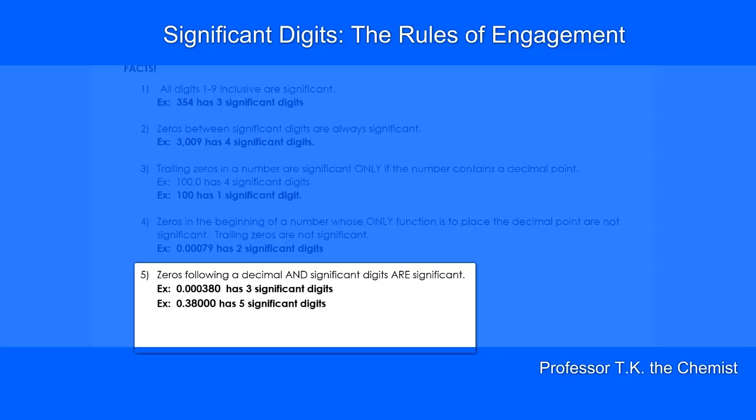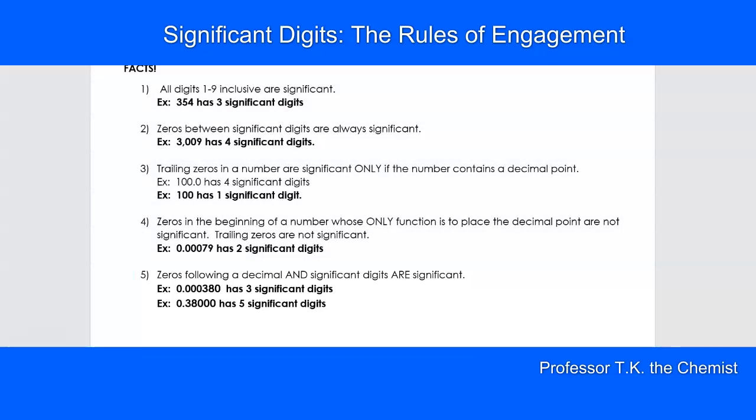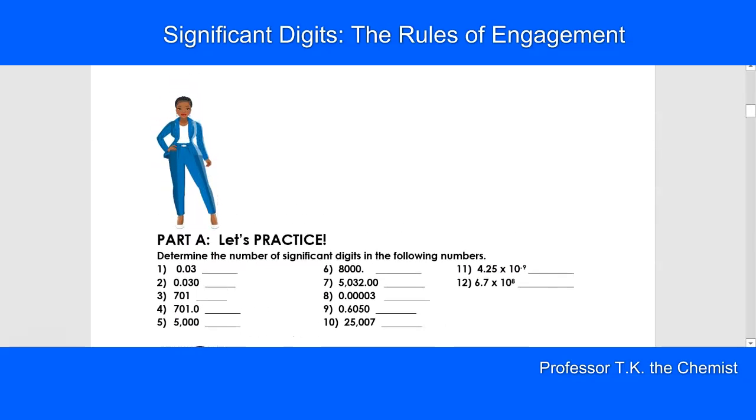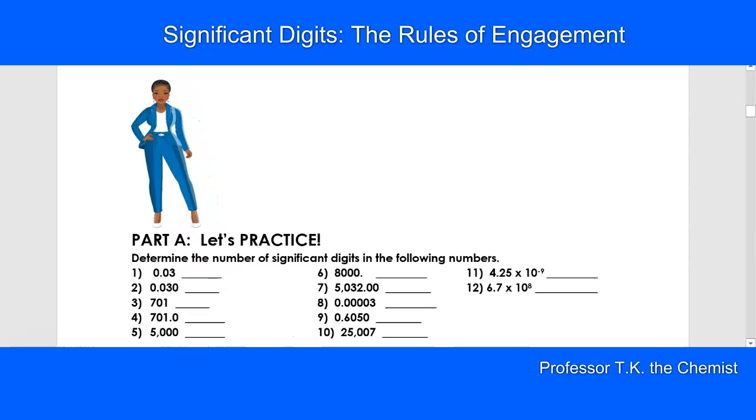Now, let's do some examples, and I'm going to let you try them, and let's see what we get from this point. In our first number, we have 0.03. Remember the rule. The rule says if you have zeros that come before a significant digit, the only number that counts is the first number that you come to that's between 1 and 9.